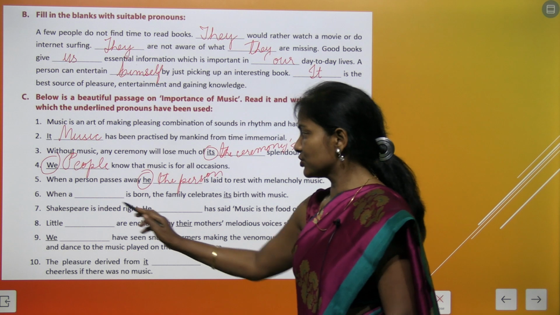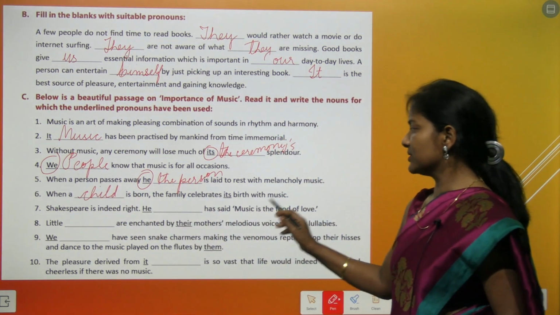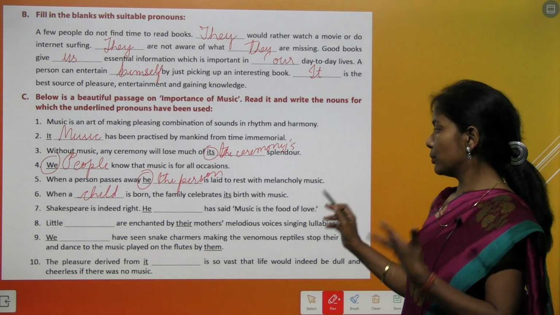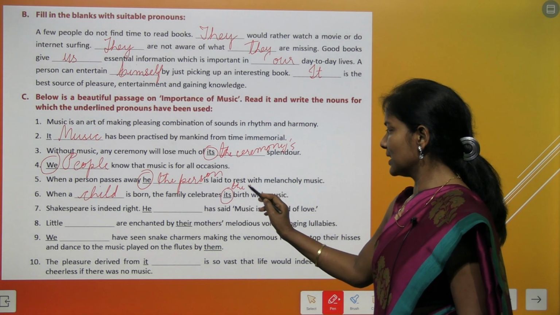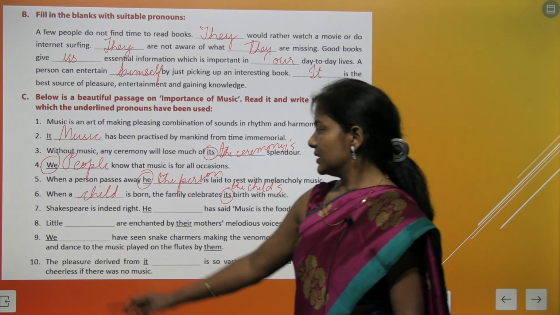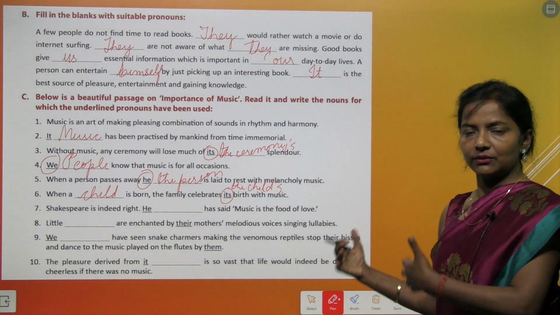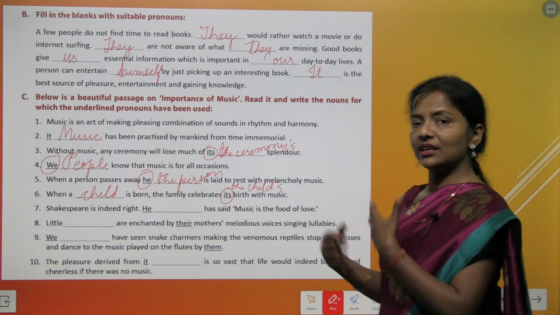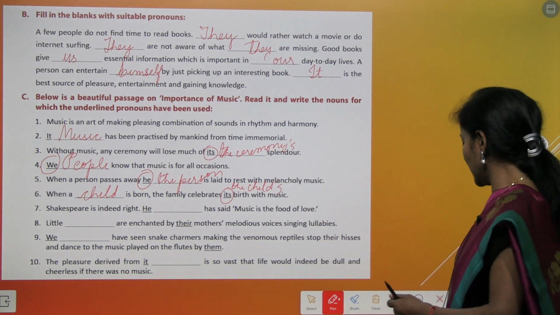When a child is born, the family celebrates its birth with music. It's the child's. Okay? It's किसके लिए है? The child's. So now children, just go through these few lines and write down the nouns here. Okay?